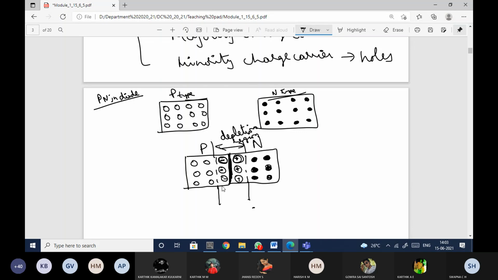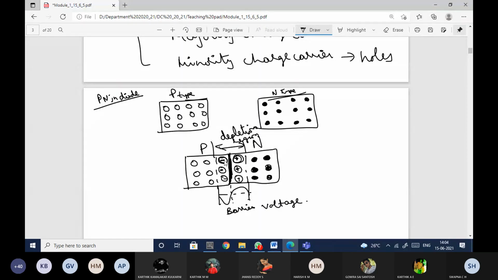Because of the force exerted here, there will be a barrier potential present. Towards this side I'll have the negative barrier, and towards this side the positive barrier. Both will be of equal strength. This voltage that is forming is said to be the barrier voltage. This is your P side, this is your N side.